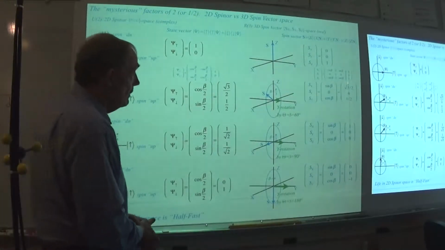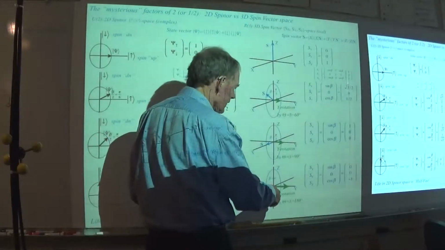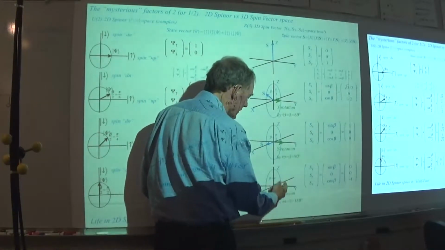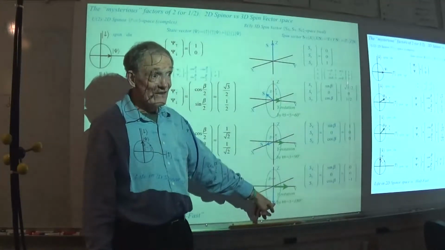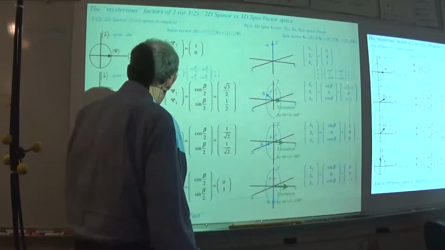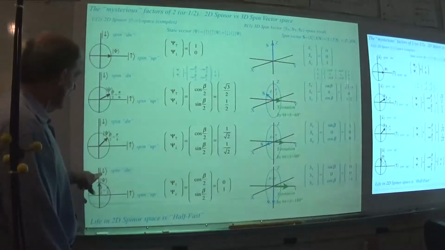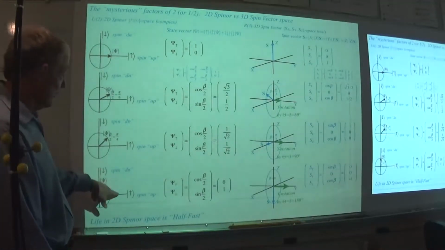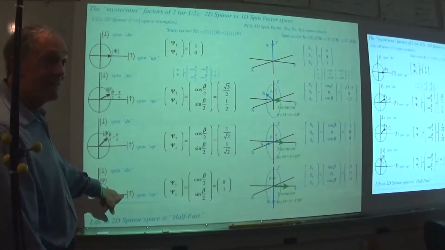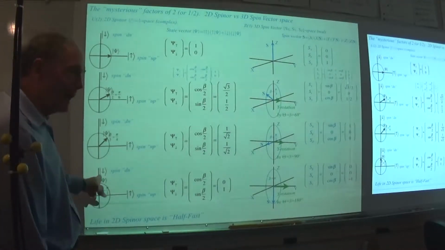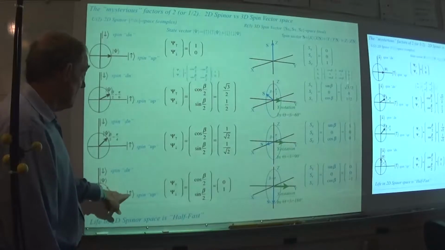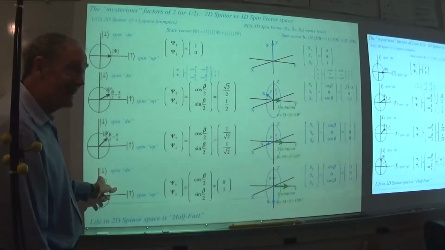Okay, so when this one has gone, you see, 180 degrees, that's spin down, right? So is this one, because spin down is only 90 degrees from spin up. That's the problem right there. You're calling this up, or this one down, this is up, that's down, right?